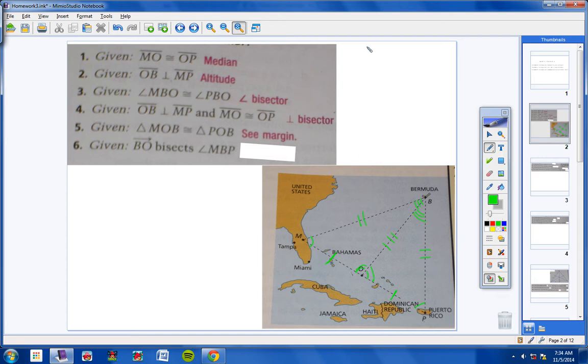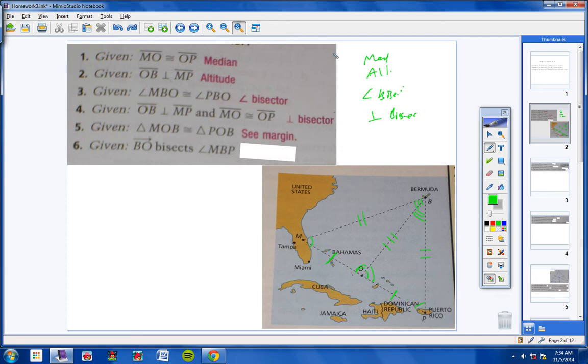Now, let's start with each one. We have medians, altitudes, angle bisectors, and perpendicular bisectors. Let's start with a median. A median has to run from a vertex and hit the opposite side so that this segment here is congruent to the segment here. And that happens, look, this segment here is congruent to this segment here.